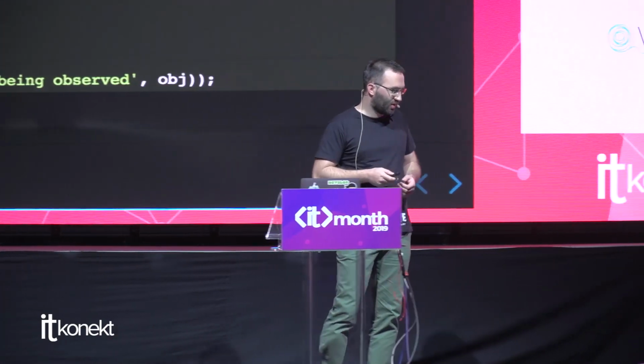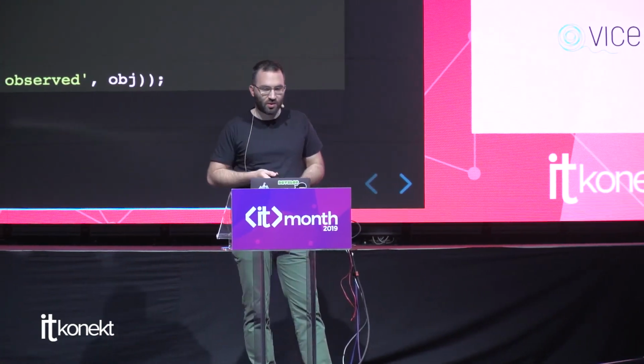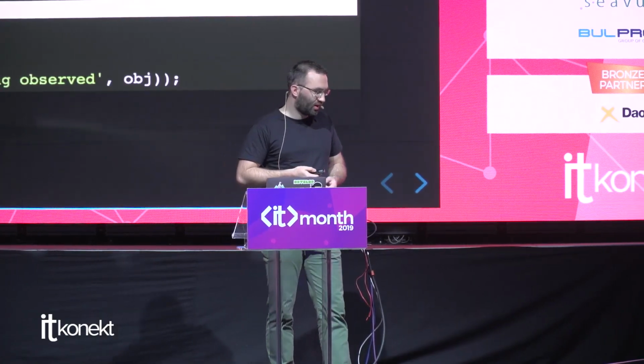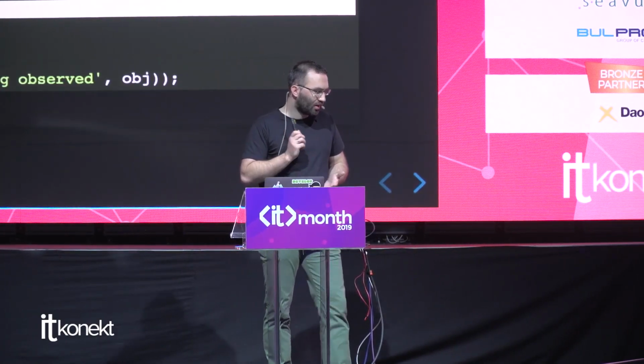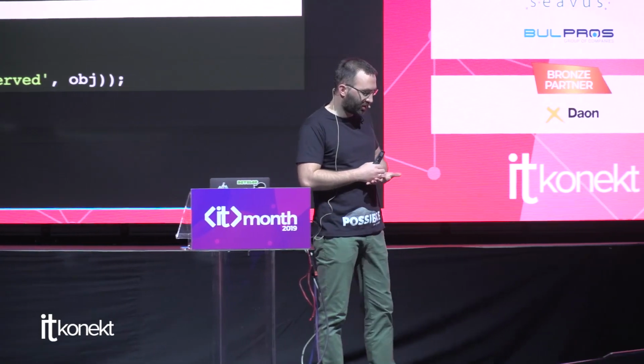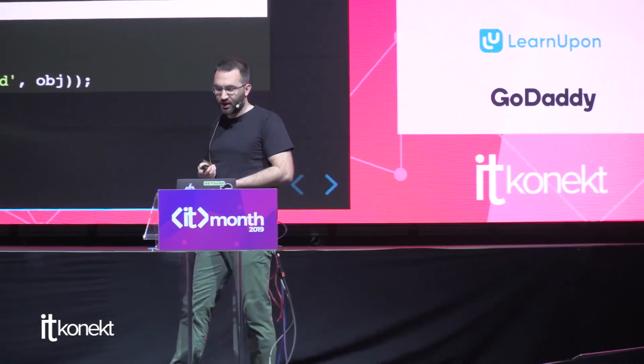And then we will just return the result. OK, so here we have everything. From our function, we will just return a new proxy with our object and our newly defined handler. And let's see what we get as a result.